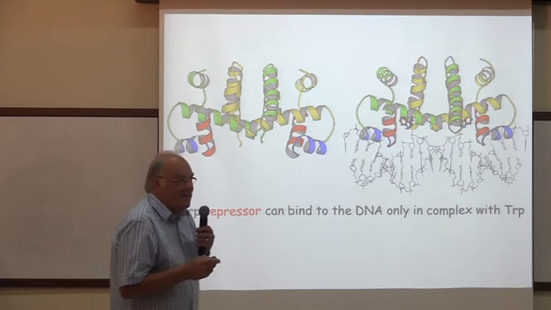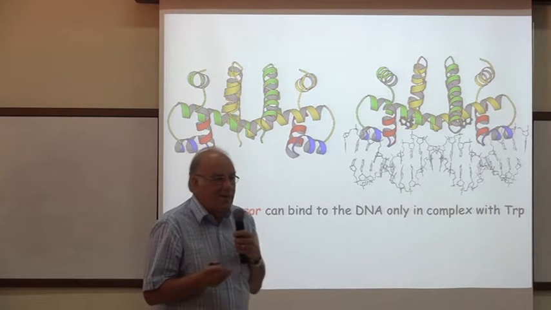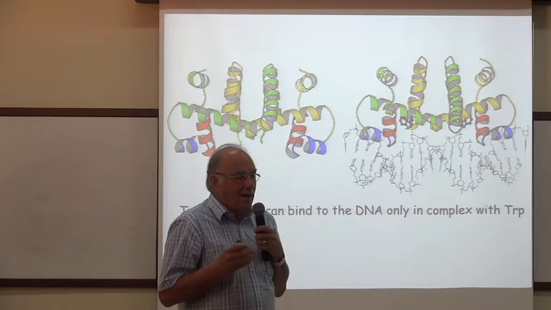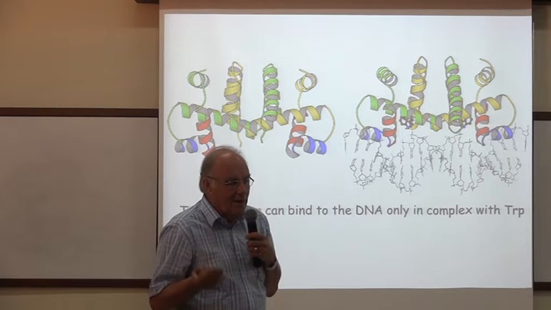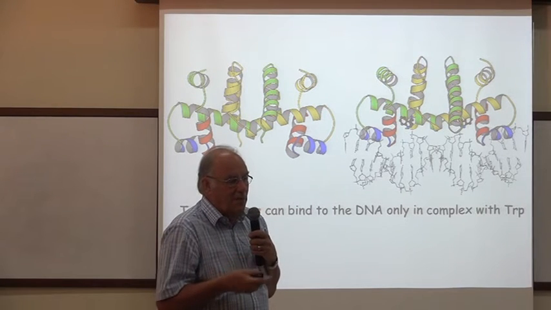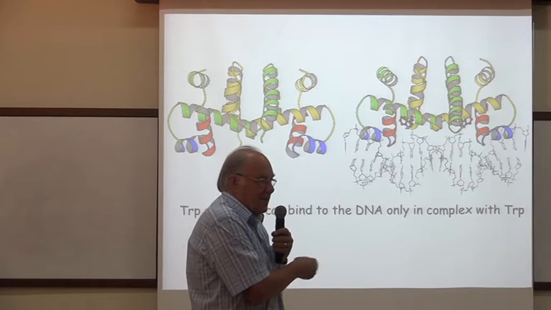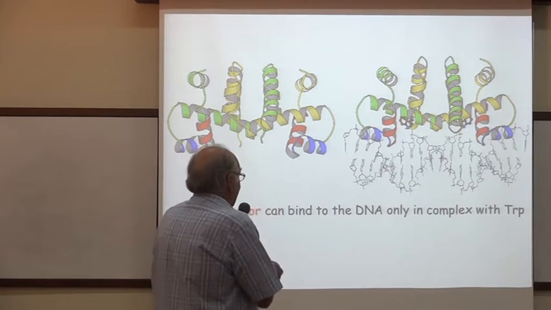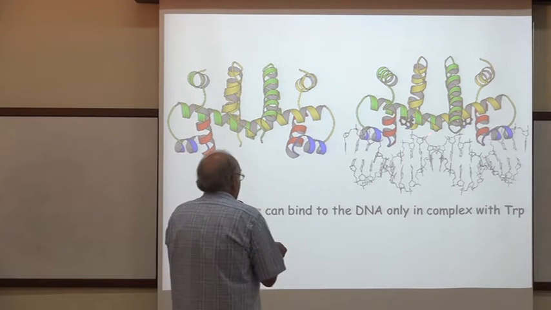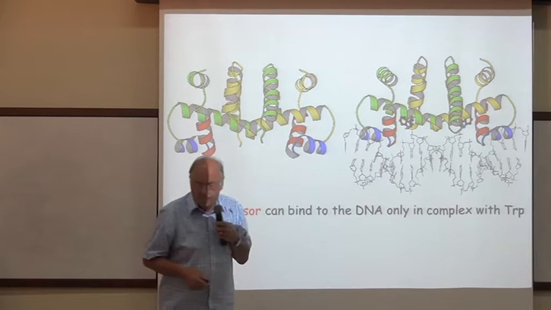So this is, say, a simple way that many genes are operating, or many of the repressors are operating. If there is a high concentration of the compound that is produced by the genes here, then that will inhibit, in this way, repress the transcription of the gene.